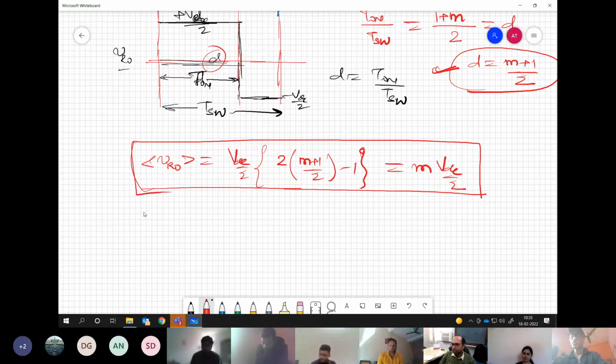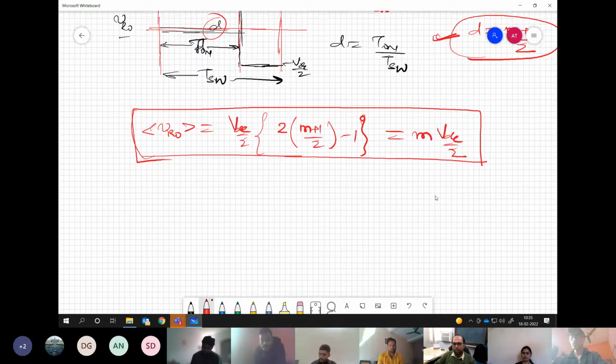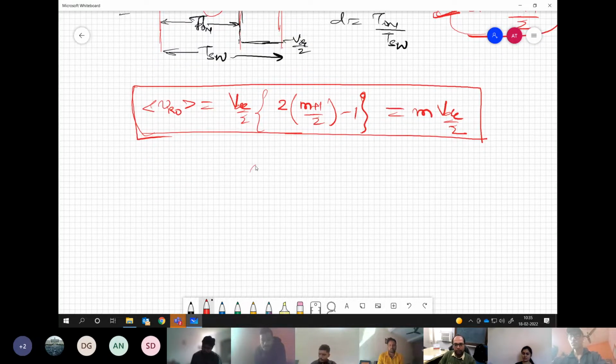Isn't it? This is the VRO value we get when we have a modulating signal and we have the DC bus voltage given. Now you can expand the small m in terms of capital M and sine omega t. So it can be written as M times VDC by 2 sine omega t.